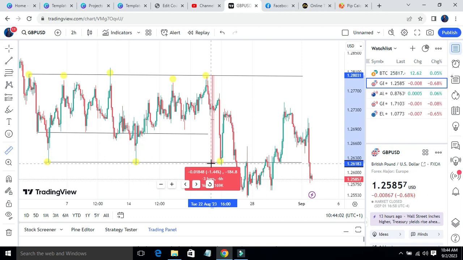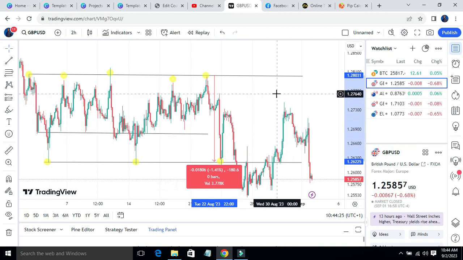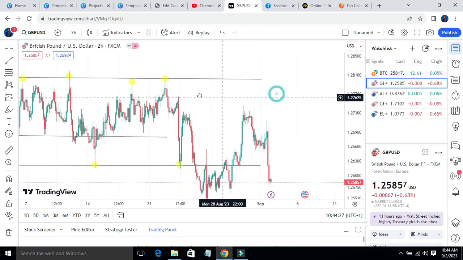So that 184 pips, depending on the lot size you use, if you have used one lot size, that would be $1,840. If you have used 0.1 lot size, it would have been around $184. Okay, so that is how to trade using the support and resistance.